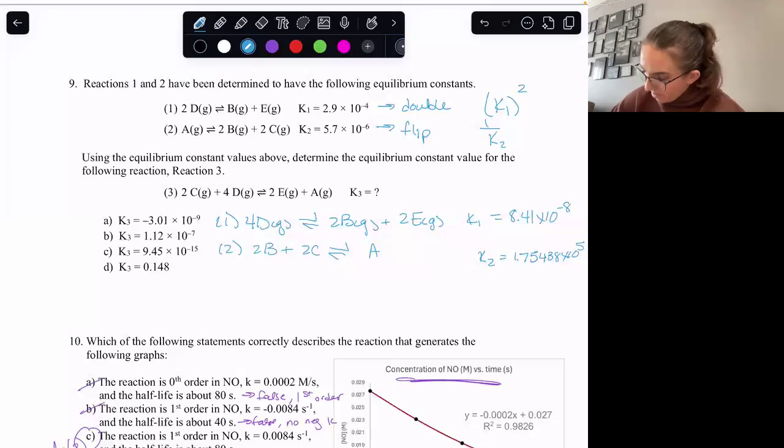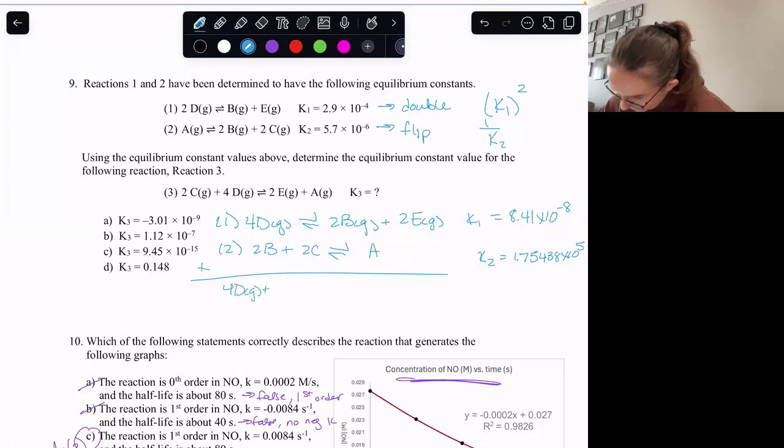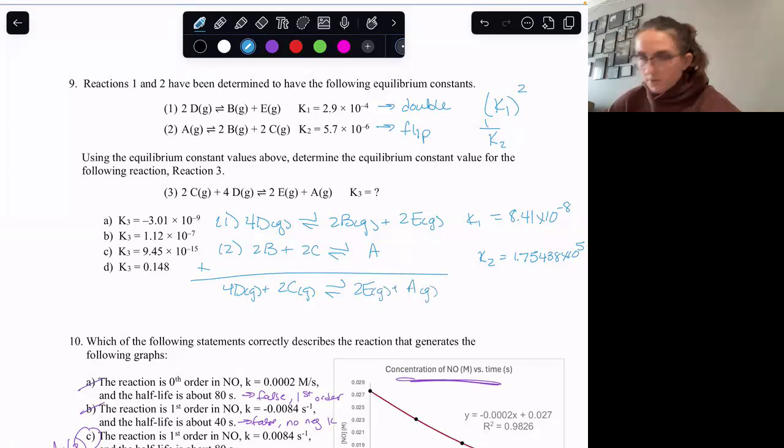And then if we add them up, right, we get 4D plus 2c going to 2e plus a. So what do we do to our k values?